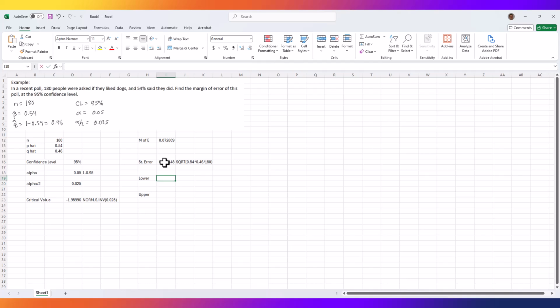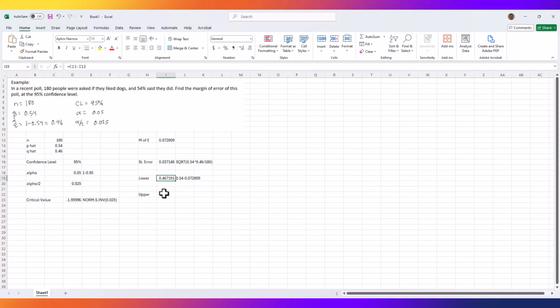To find the lower one, we take our point estimate, p hat, and we subtract our margin of error. So this is 0.54 minus 0.072809.